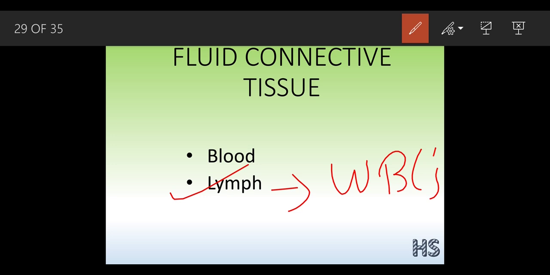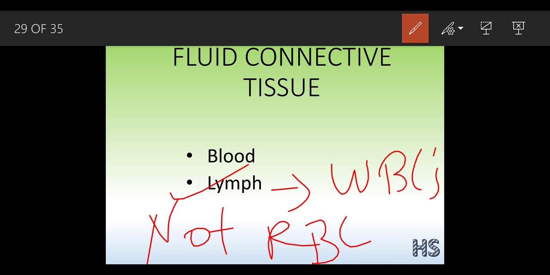It does not have RBCs. The function of this WBC is the defense mechanism. It helps to improve your immunity system. What do you mean by the word immunity? Immunity means protection against any of the diseases like bacteria, germs, viruses. This lymph is a vessel. Just as we have blood, we have lymph also.